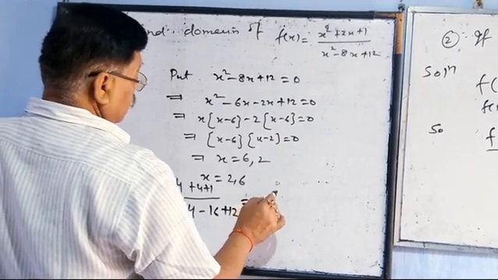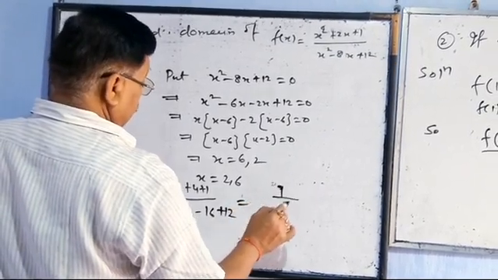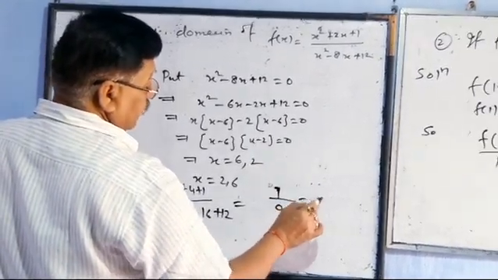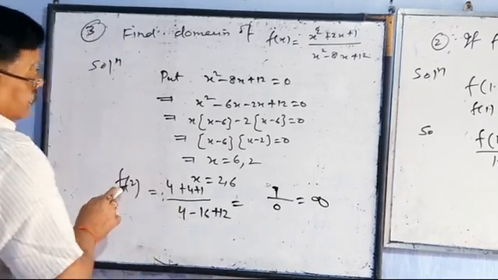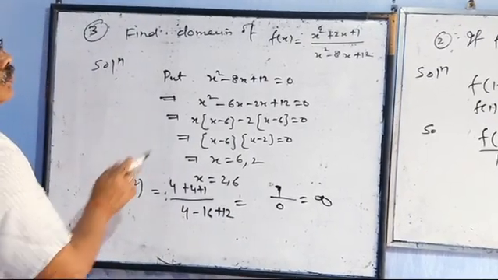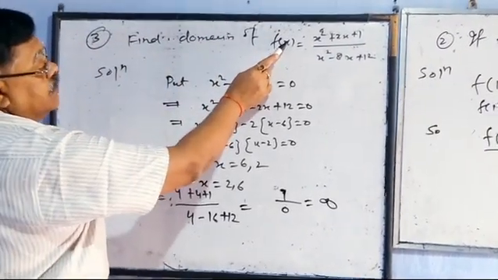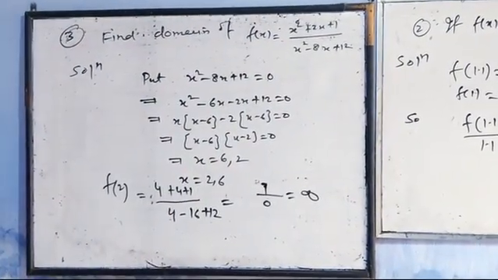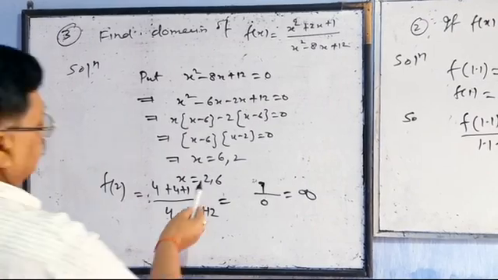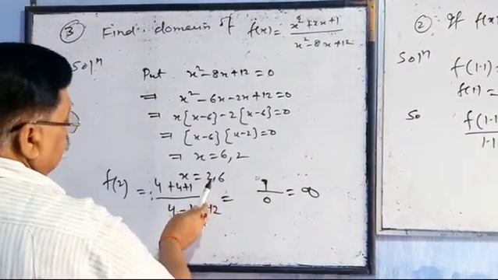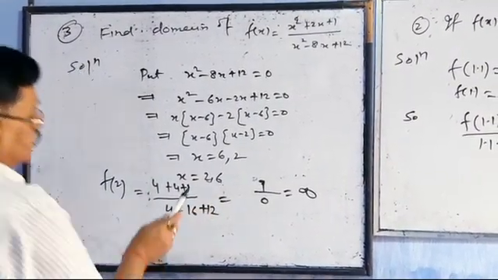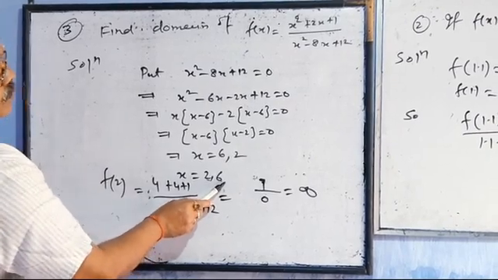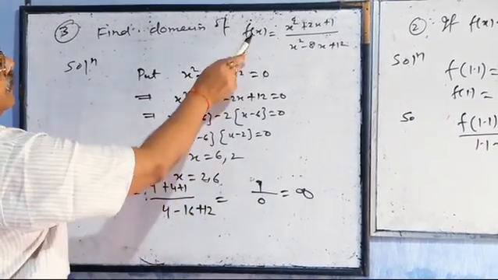So what are we getting? 9 by 0, undefined. So for this value of x, y is undefined, not real. So we do not take 6 and 2 in the domain. So 2 or 6 will not be taken in the domain of f(x).